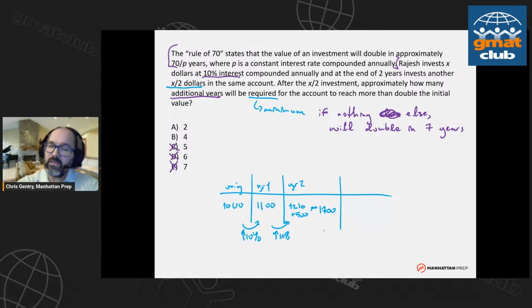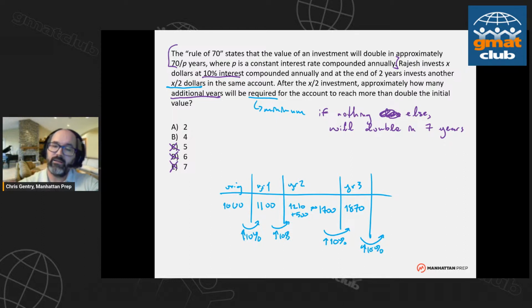And now we keep stacking that interest. When we stack that interest again, we're adding another $170 or so. So at the end of year 3, I have something around $1,870 in here. And we stack this on again. And now I'm adding another 10%.